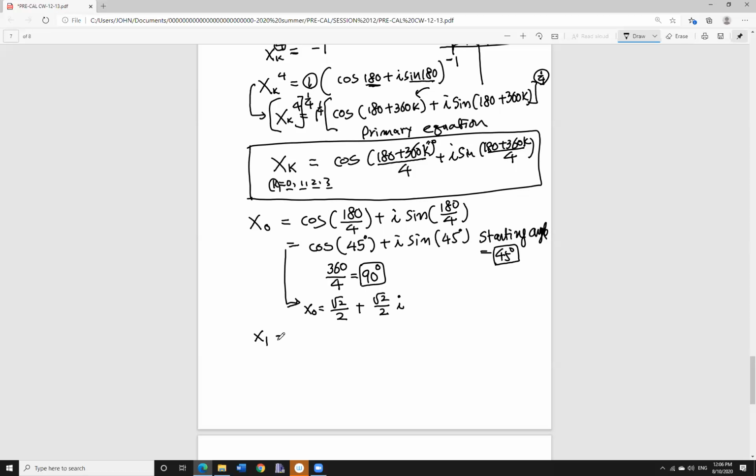The next one has a 90 degree difference. 45 plus 90 is 135 degrees: cosine 135 plus i sine 135. Cosine 135 is negative, so negative root 2 over 2. Sine 135 is positive, so root 2 over 2 i. That's the second one.